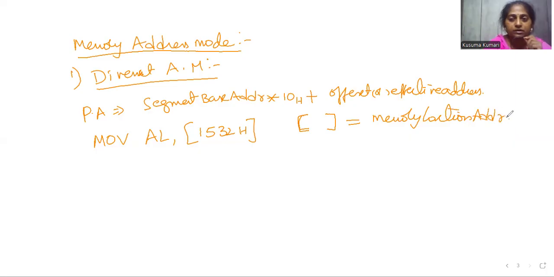So what happens here? The 1532 is the offset or effective address, because the data is transferred from the memory location to the AL register. Then the data segment is used for this.